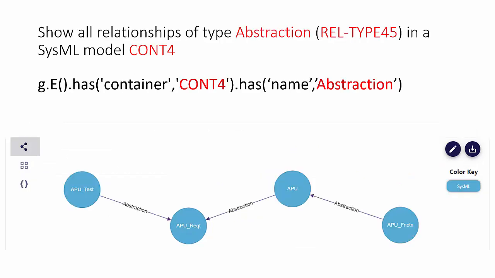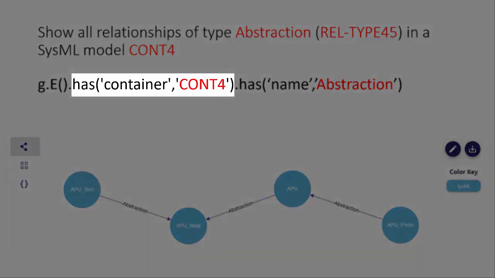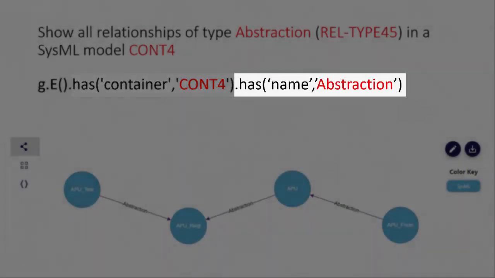A similar pattern can be used for intramodel relations. In Syndeia version 3.3, this applies to only the relations inside of SysML models, which can be pushed to the Syndeia Cloud by the Syndeia SysML plugins. The next example asks for all relationships or edges meeting two conditions. They are part of a specific SysML model, CONT4, and they include only relations of type abstraction.